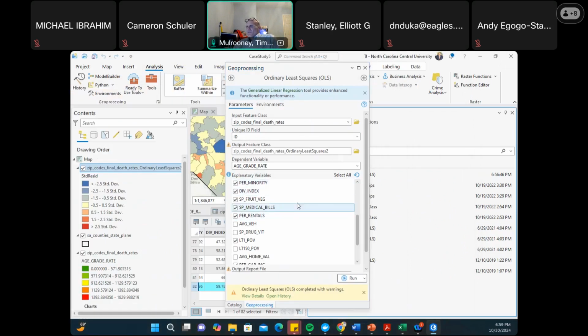Let's run another one right here with a lot less things because I think these things are canceling each other out. So let's just see if there's maybe a relationship between spending on fruits and vegetables, percent minority, poverty, median household income. Let's just run it on 4 of these here.